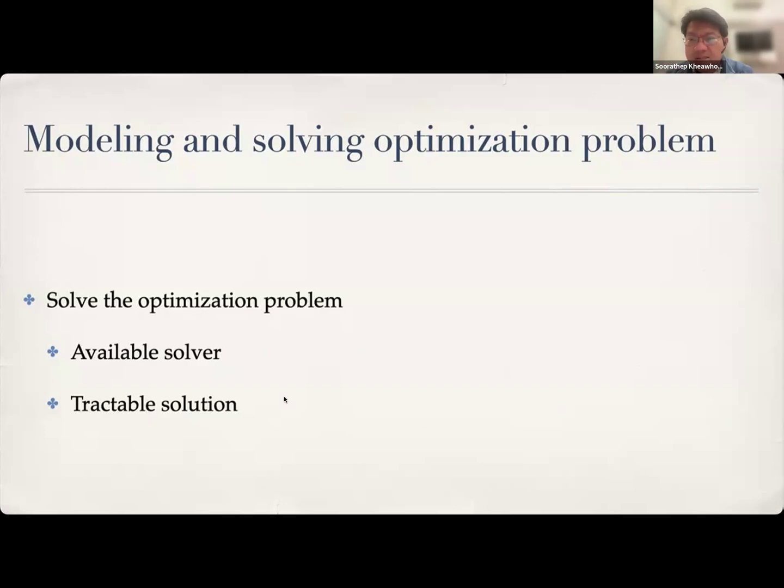And the next thing to consider is whether it is a tractable solution or not. What does it mean, tractable solution? Tractable solution means you can solve it efficiently, by using the resources you have, and it can be solved by the time you want.